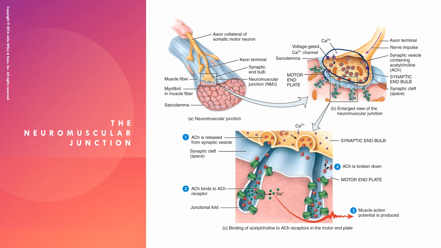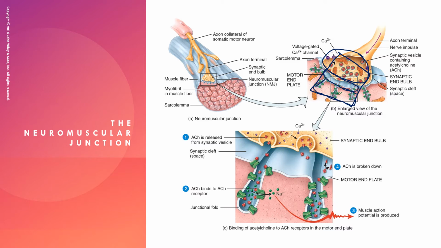It also includes the space between the two communicating cells, and whatever cell the neuron is communicating with, sometimes another neuron, in this case a muscle cell. So a synapse is all three of those: the space and then the pre and post synapse.